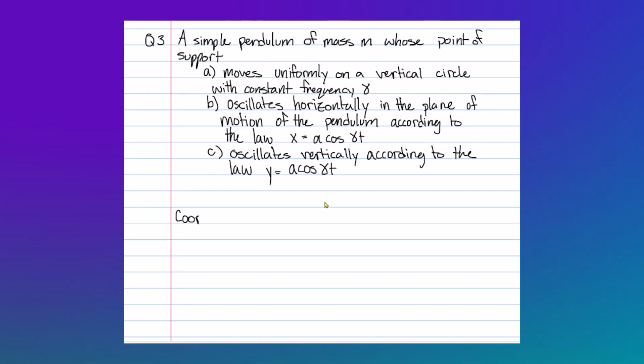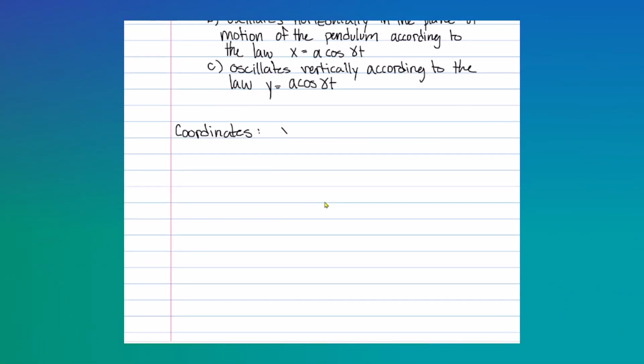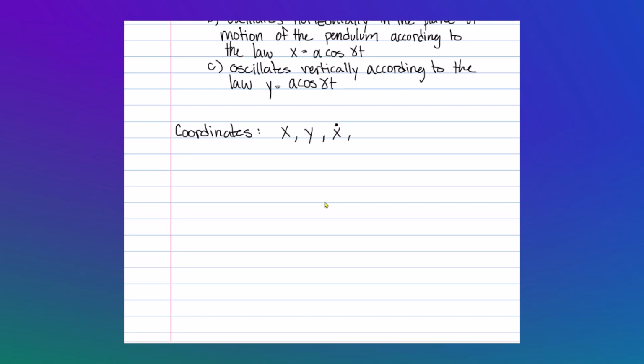For this problem, I'm going to start by defining all of the coordinates and the coordinate transformations, and then we'll move on from there. So we're using x, y, x prime, and y prime, or equivalently, just one angle phi and its time derivative.